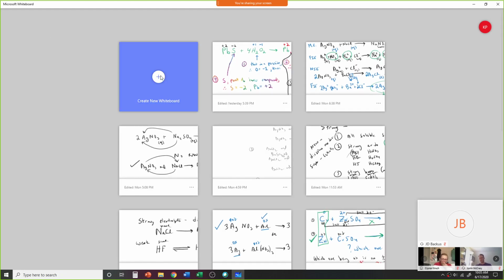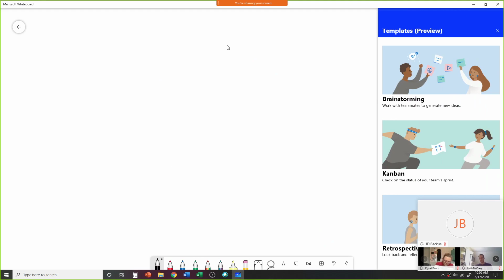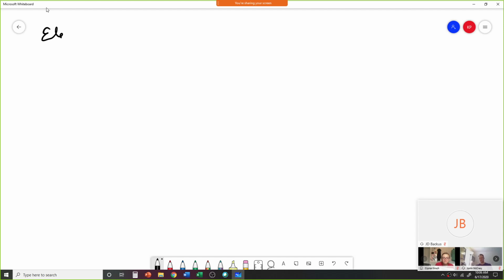Okay, so we are starting an entirely new chapter, chapter 6, and this is electronic structure of atoms. This is really what atoms are all about when you get down to it.